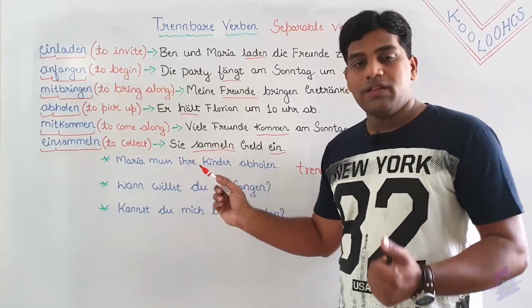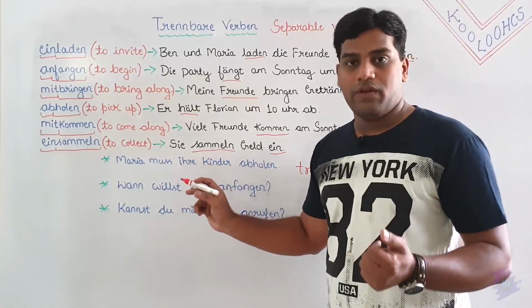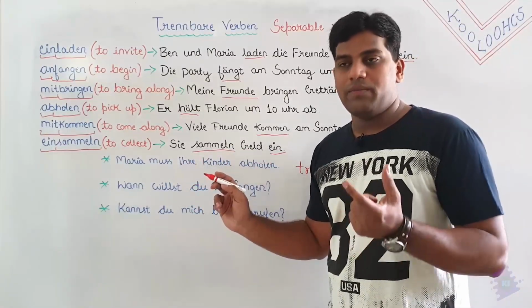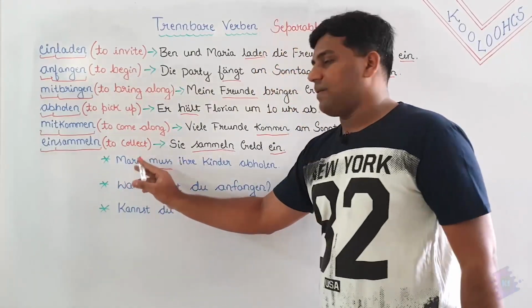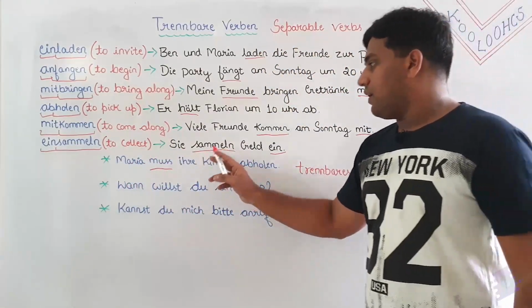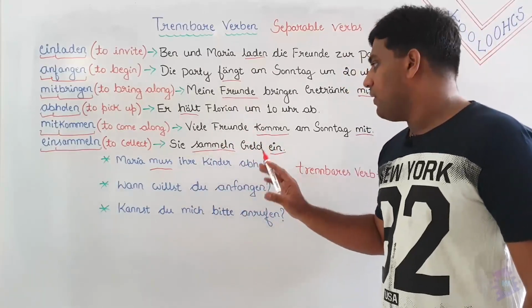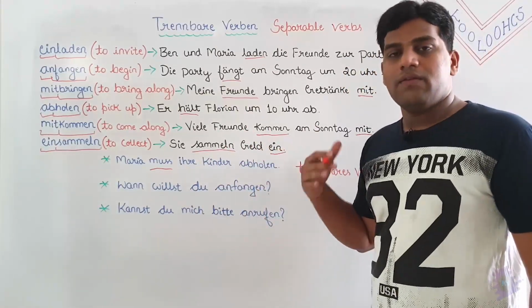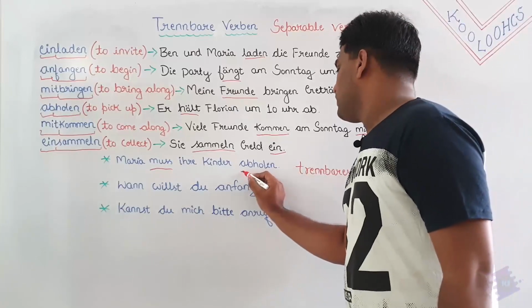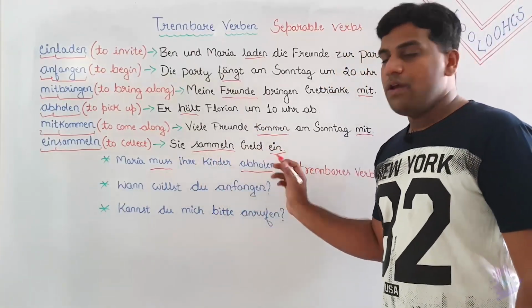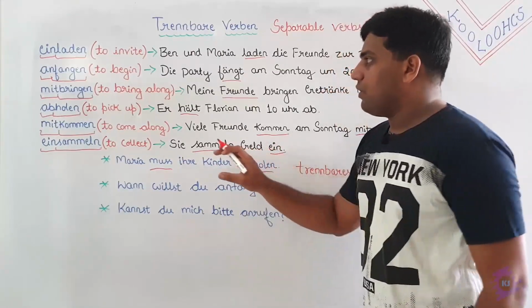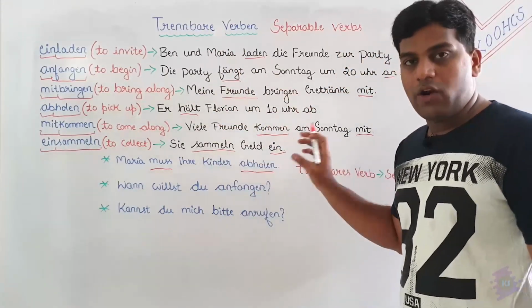So you have to conjugate this modal verb müssen. Müssen is a modal verb that means must. So accordingly you have to conjugate according to the subject. Maria muss ihre Kinder, her kids, abholen is to pick up. She has to pick up her kids. So Maria muss ihre Kinder abholen. So this separable verb, the whole separable verb you put in the end, not just the prefix.